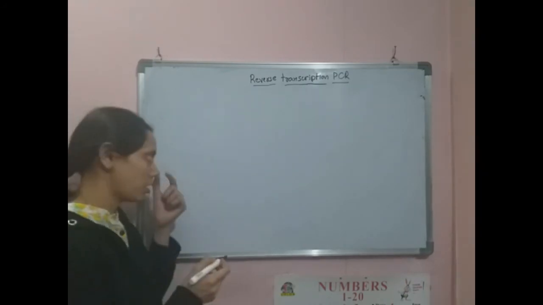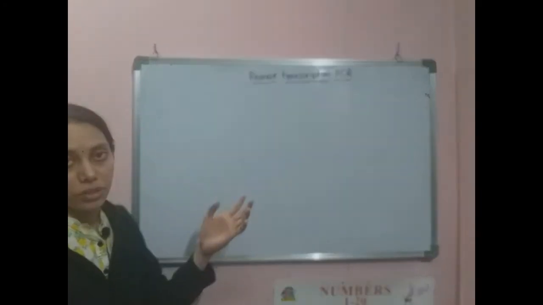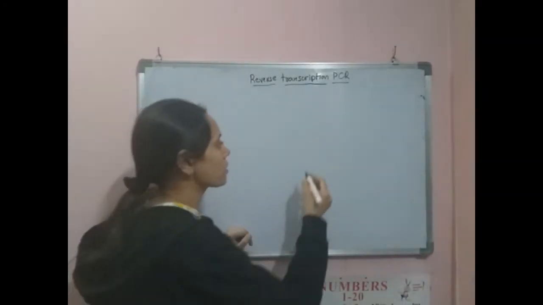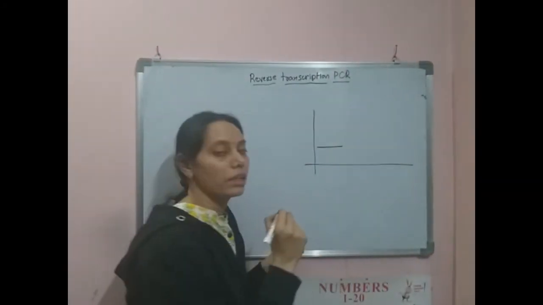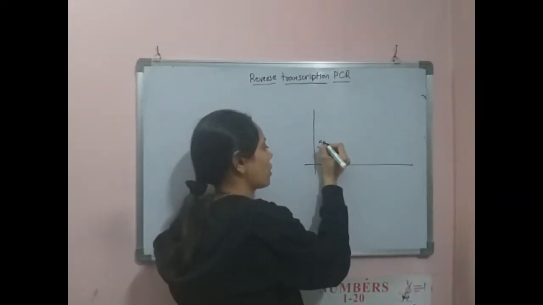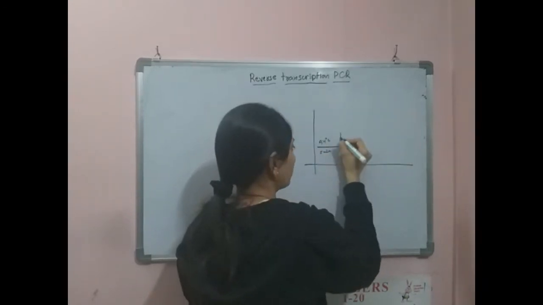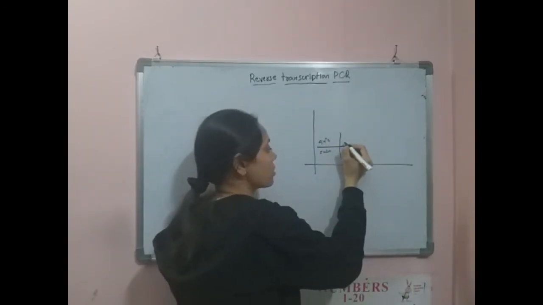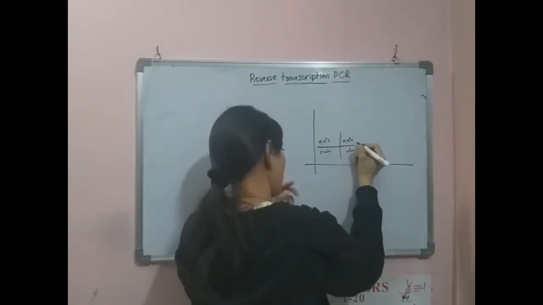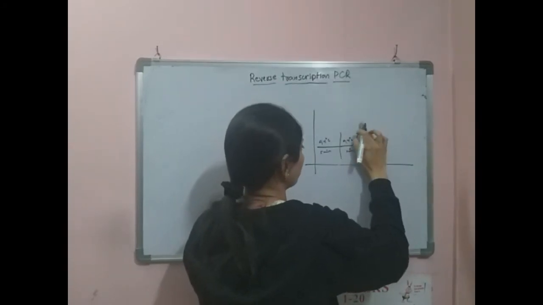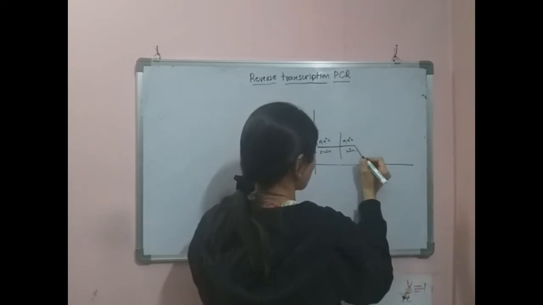Coming to that first point, the program is different from the PCR amplification. During PCR amplification, what we generally do is first an initial denaturation at 94 degrees for almost 5 minutes. Later, during the cycles, we have one denaturation for 1 minute, followed by the annealing temperature.